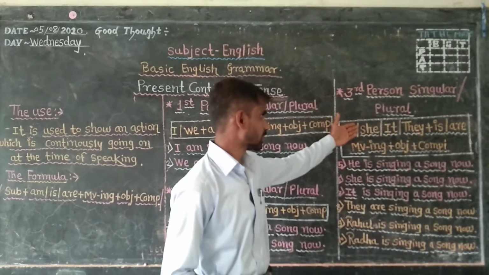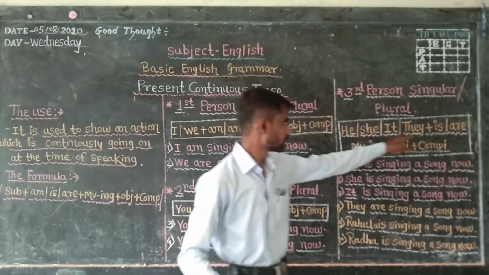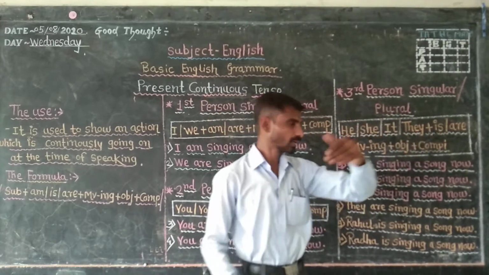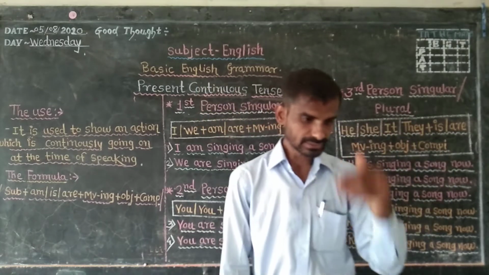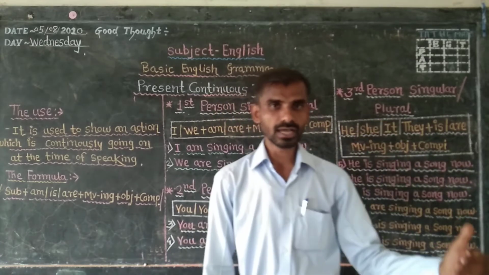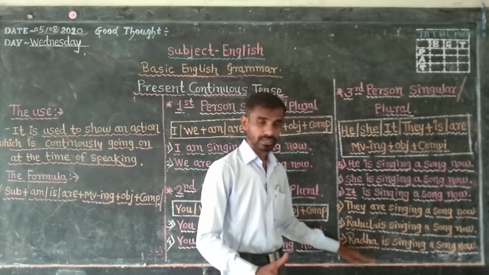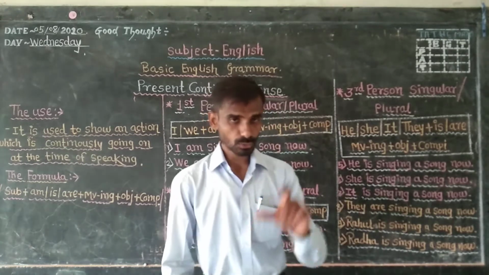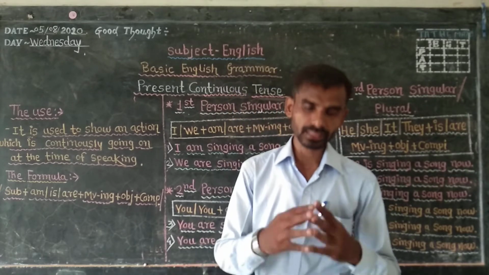Just third person he, she, it: once again the common helping verb is to be applied in front of them. He is, she is and it is playing cricket now. And in case of naming words, Rahul is and Radha is playing cricket now.